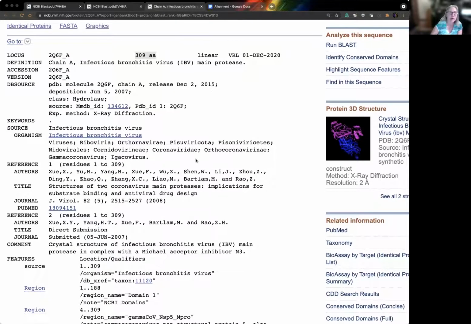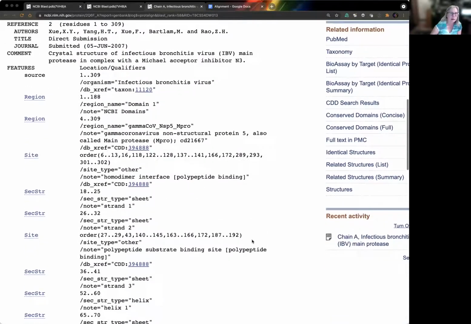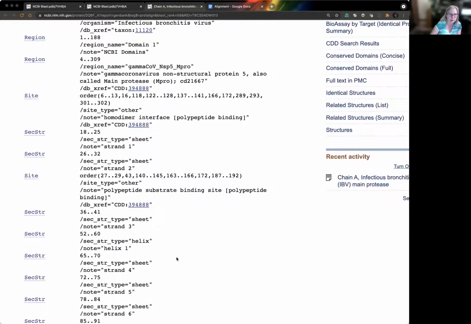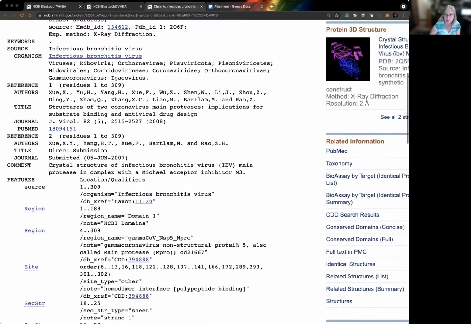I can see that this is related to coronavirus, not exactly the same, but part of the same lineage. I can see a published article about it, and I could look at this link if I wanted to learn more. I can also learn more by looking here at different annotations about the structure.